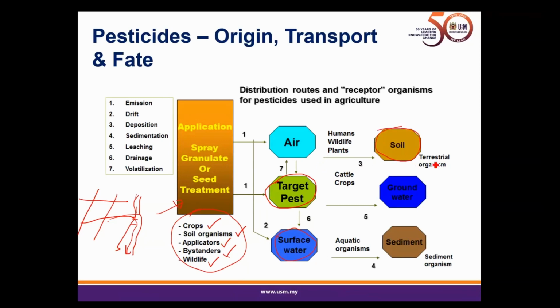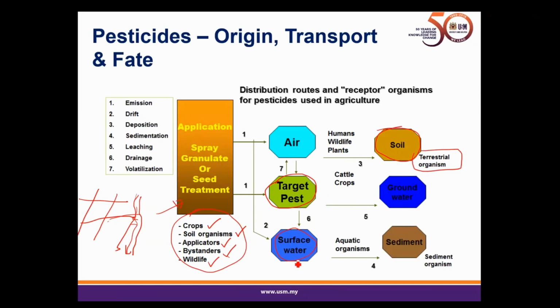Okay, from the soil, it can affect the terrestrial organisms, those animals that live in the soil, for example worms or whatsoever. And then from the target pest, it can also leach into the groundwater. From the surface soil, for example, it can leach out into the groundwater.